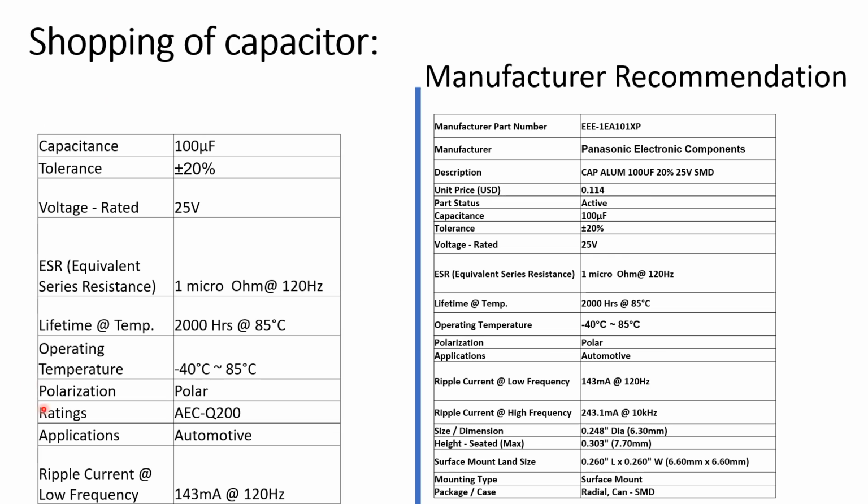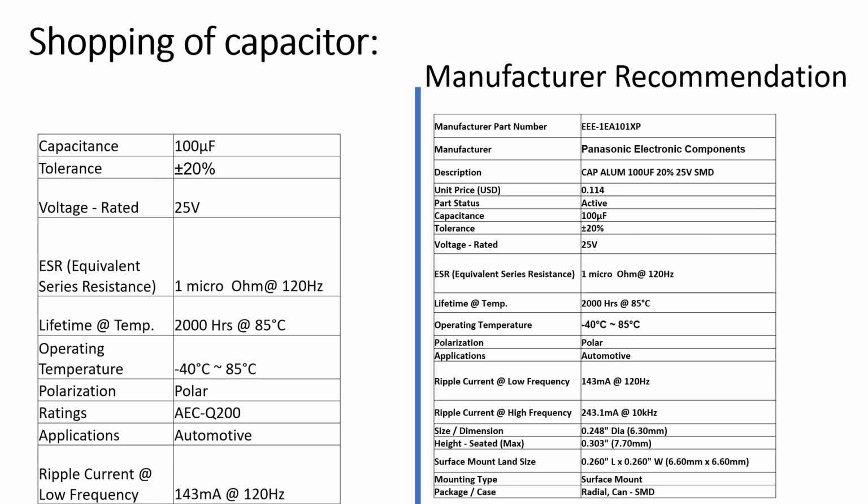If you have complete details of your requirement, then you can contact the manufacturer, and the manufacturer will recommend their part number, their description, and all the details as per your design. These are the things you will be getting.